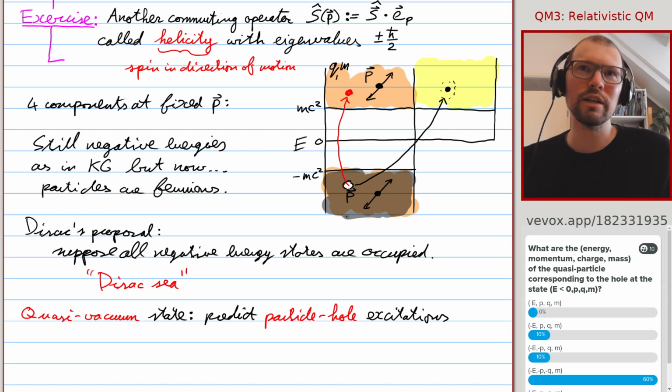To be fair, the mass only appears in the dispersion relation squared, so we can't really see the sign there, but there's nothing stopping us from taking this mass to be positive as well. So the correct option, which also got the majority vote, is that the energy, the momentum, and the charge are flipped, and the mass remains the same. Now Dirac had, sorry?